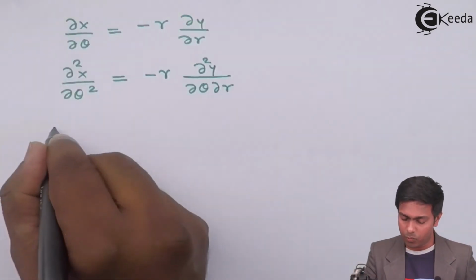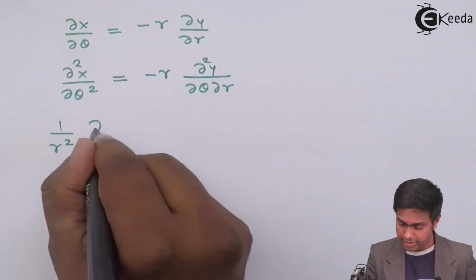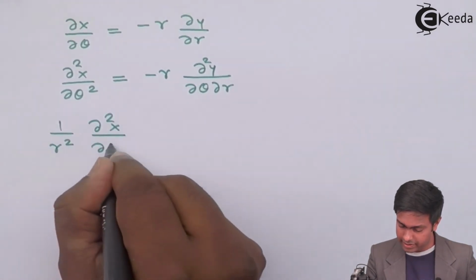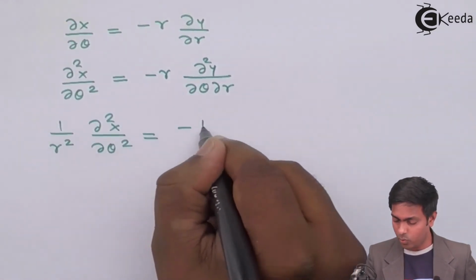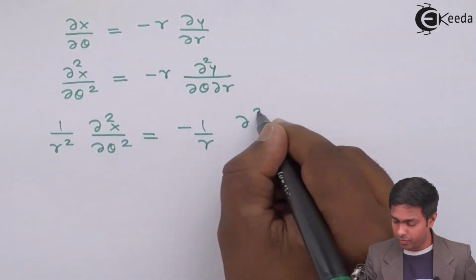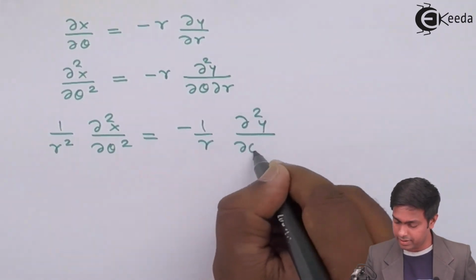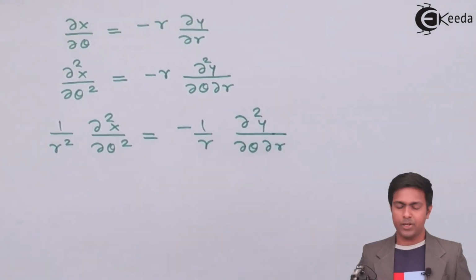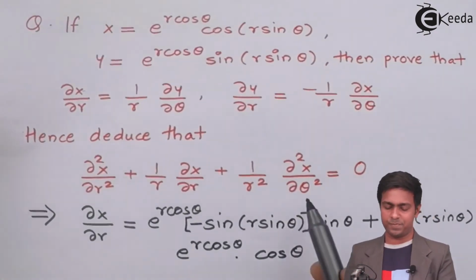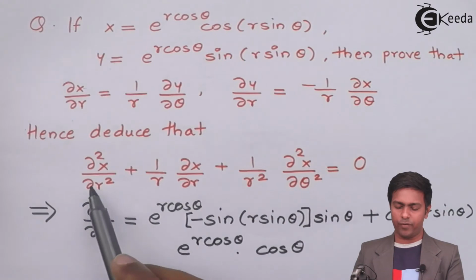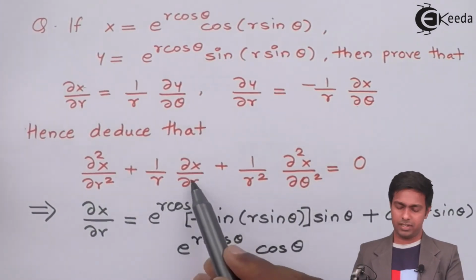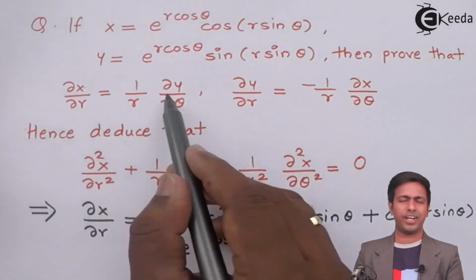So this will become 1 upon r square del square x by del theta square equal to negative 1 by r del square y by del theta del r. So here we got the value of the third term. So we got the value of the first term and third term. The second term, that is del x by del r, that value is already given.